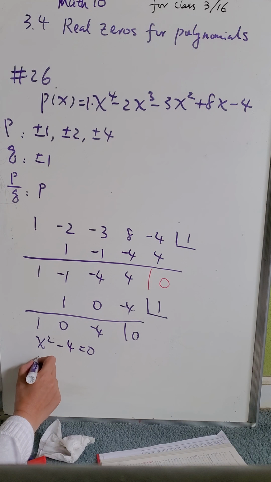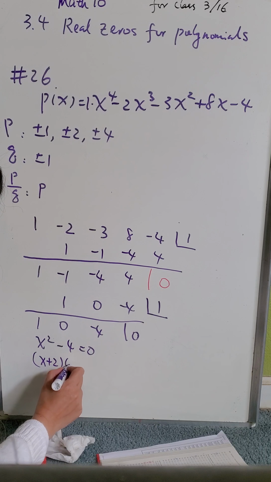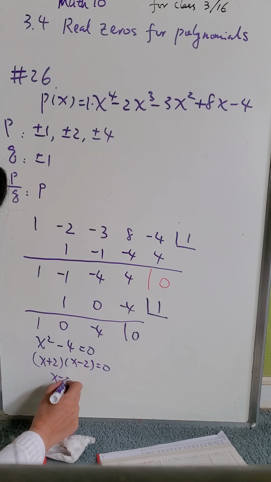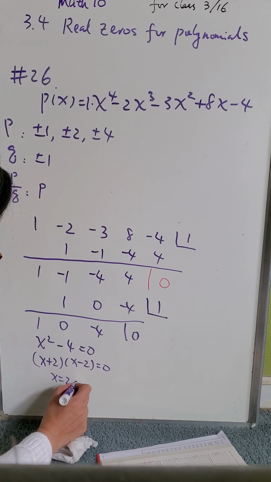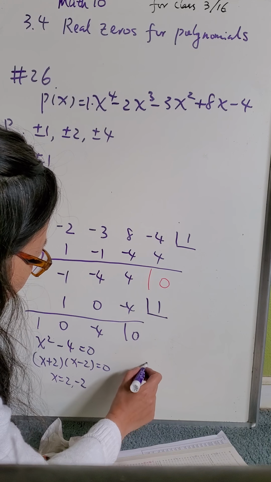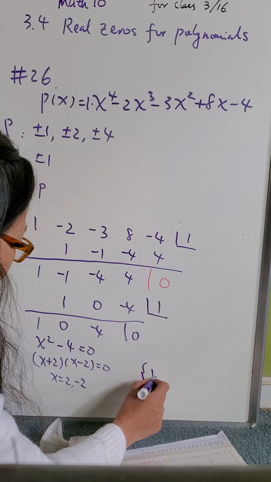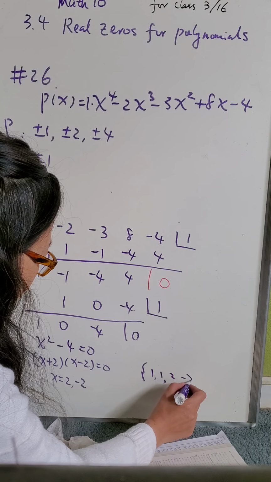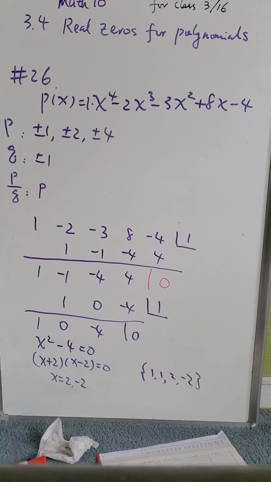So x plus 2, x minus 2 equals 0, x equals 2 and negative 2. So my full answer, you write right here, it'd be 1, 1, 2, minus 2. So that's for number 26, when you have power 4.